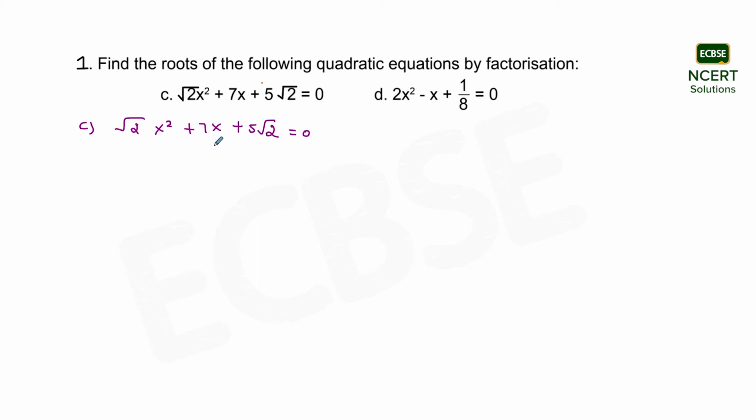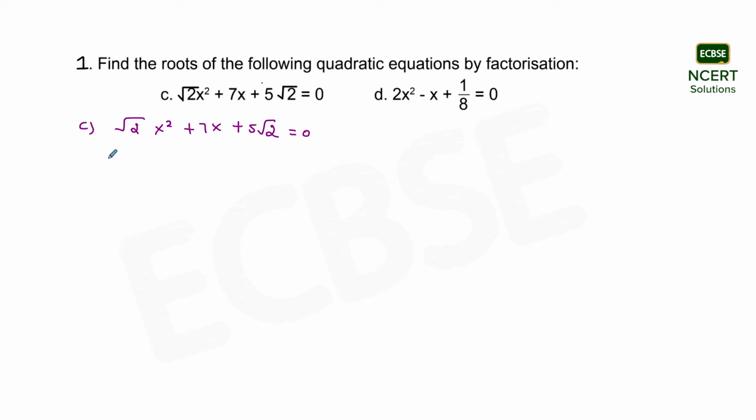So as we know, in order to find the roots of this very quadratic equation, we need to do the middle term splitting. That is, we need to split the term plus 7 in two terms such that their sum comes out to be equal to 7 and their product is equal to a into c, where a is root 2 and c is 5 root 2 in this case.